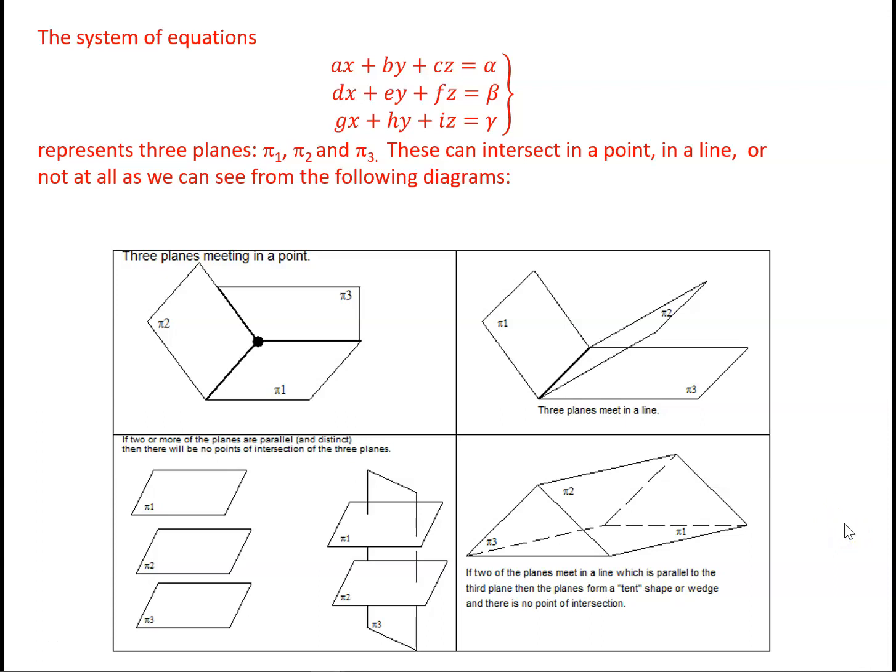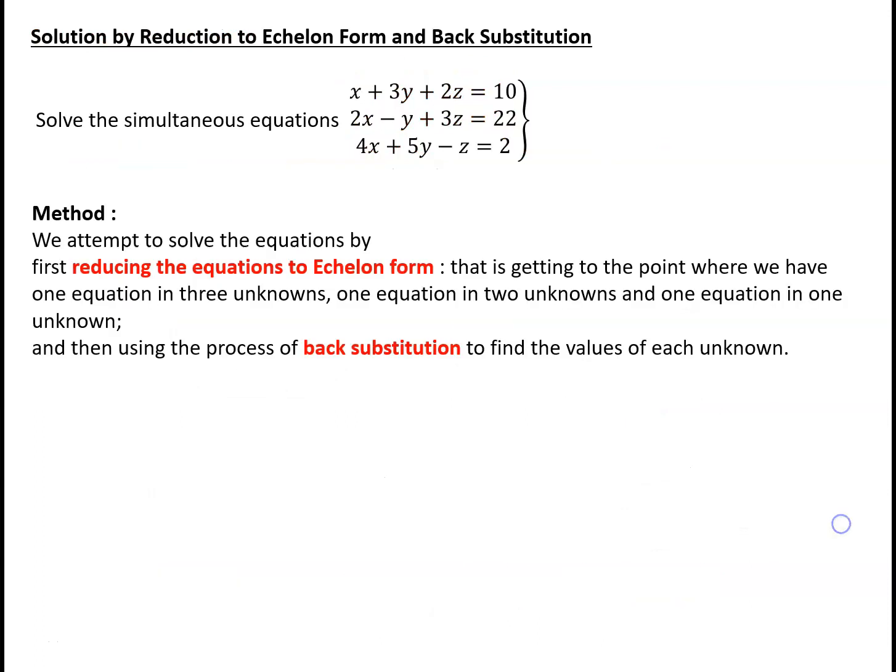We'll now move to the process by which we are going to solve our simultaneous equations. We're going to find the solution by first reducing the equations to what is known as echelon form, and then using a process known as back substitution.